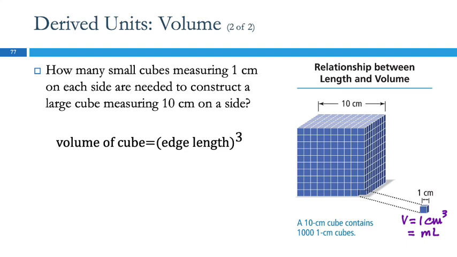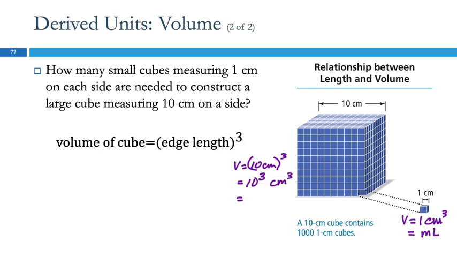So here we have a bigger cube that is 10 of those little cubes across, 10 high, and 10 deep. So the volume of that big one is 10 centimeters cubed, right? So that's going to be 10 to the 3 cubic centimeters.